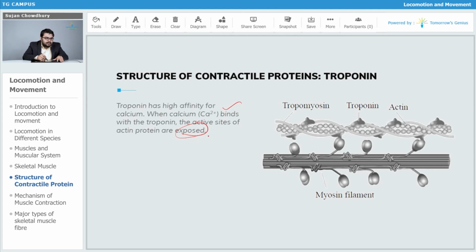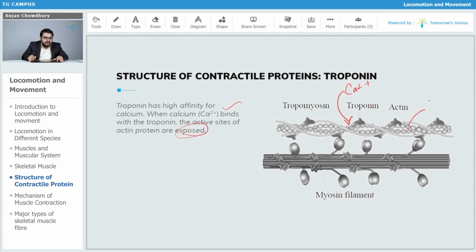Troponin and actins are highly associated, and thus they communicate with each other by chemical signaling. Just when calcium binds with the troponin, so here we have troponin with which calcium is going to bind. Right after the binding of calcium with the troponin, actin will have its active site exposed.